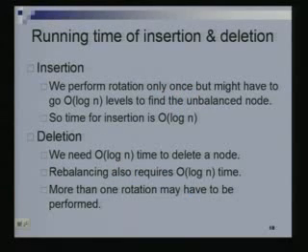So you might require as many as order log n rotations, but each of those rotations takes only constant time. So the total time required for all these rotations put together is only order log n, and we took order log n time to delete the node. So the total time required for the entire delete operation is still order log n.